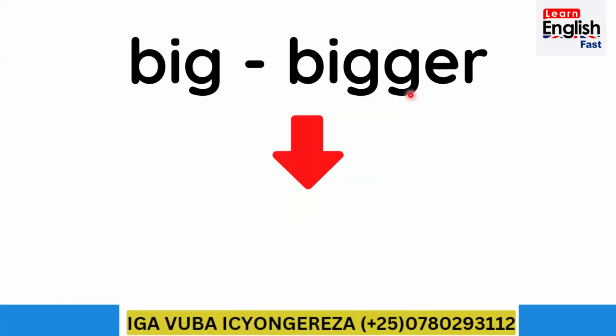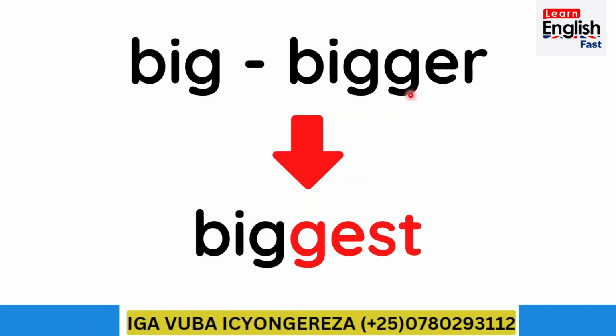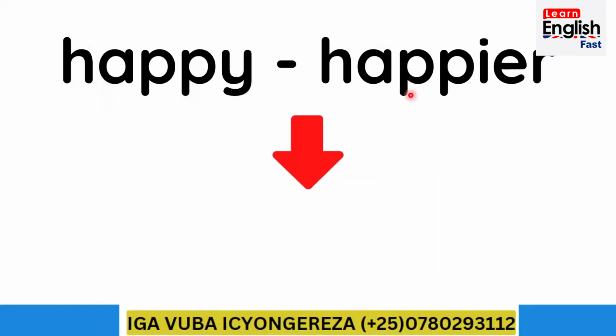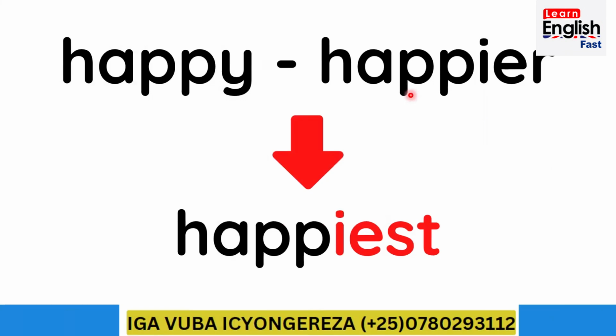Next, big ni kinini. Muri comparative, bigger kinini gusumbaho, none kinini cyane ni biggest. Big, bigger, biggest. Happy ni wishimye, happier wishimye cyane, noneho happiest wishimye cyane gusumba abandi bose, happiest.